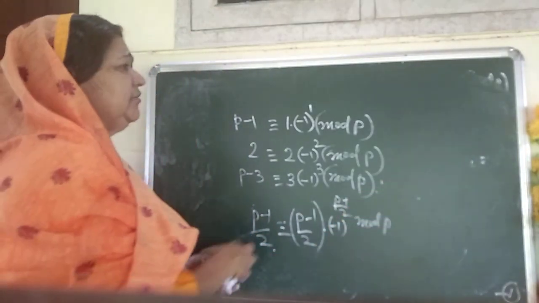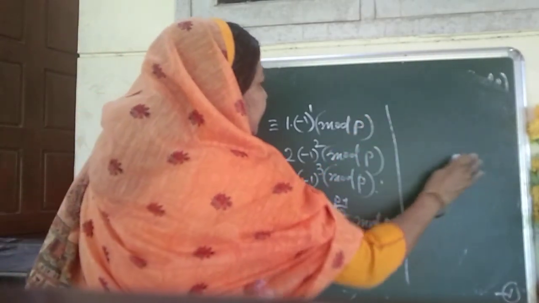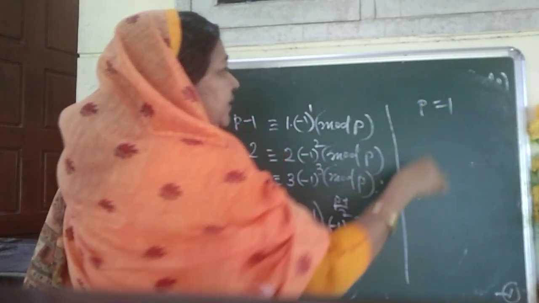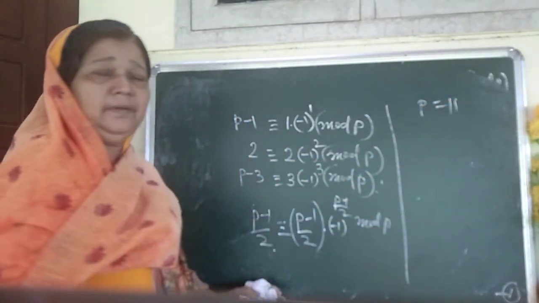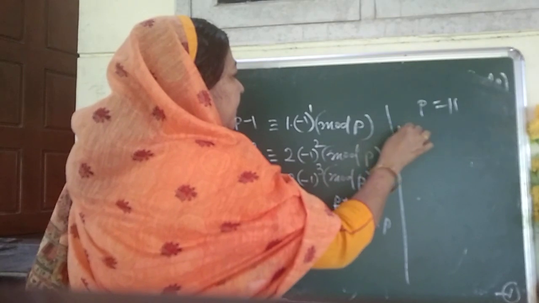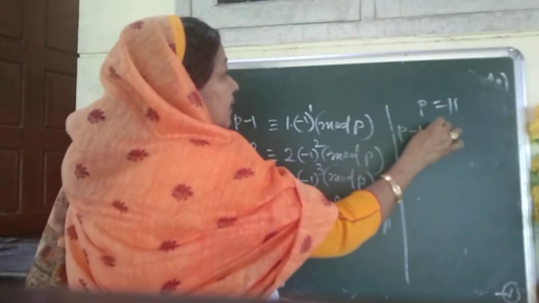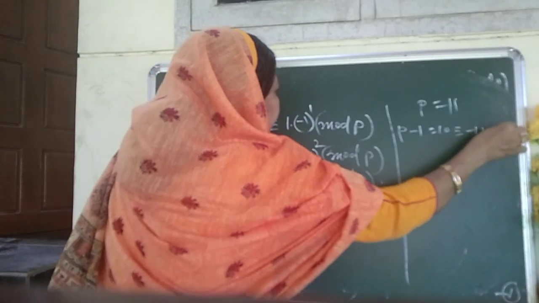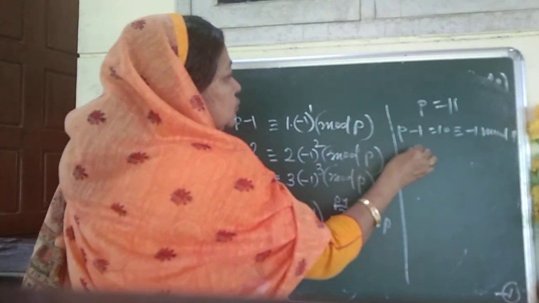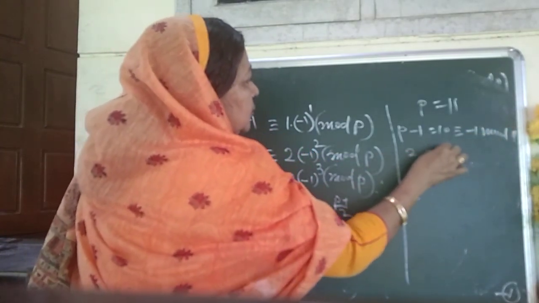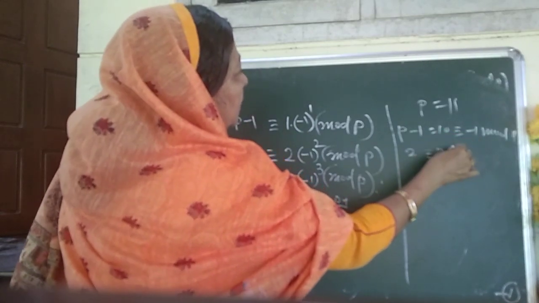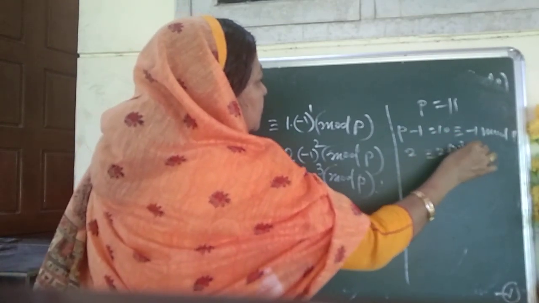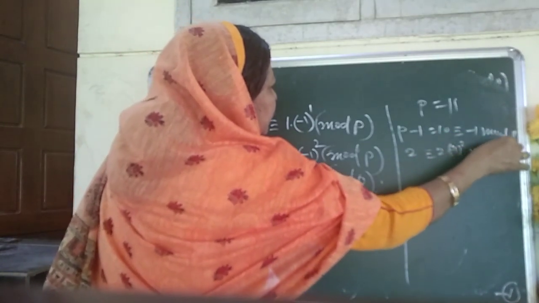You can see that if p is any number, say p equal to 11, then p minus 1 is 10, which is congruent to -1 modulo 11. Similarly, 2 is congruent to 2 times (-1) raised to 2 modulo 11.